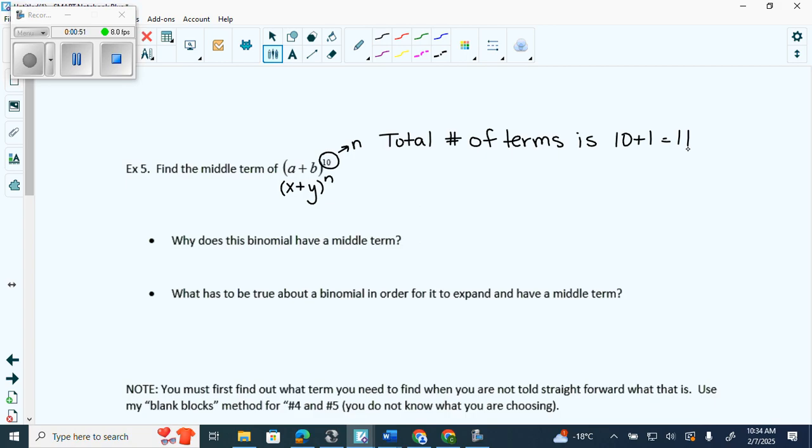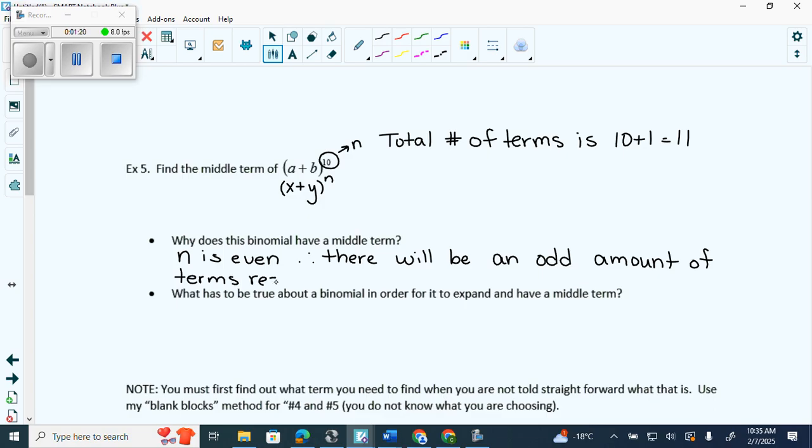So why does this binomial have a middle term? N is even. Therefore, there will be an odd amount of terms, resulting in a middle term.